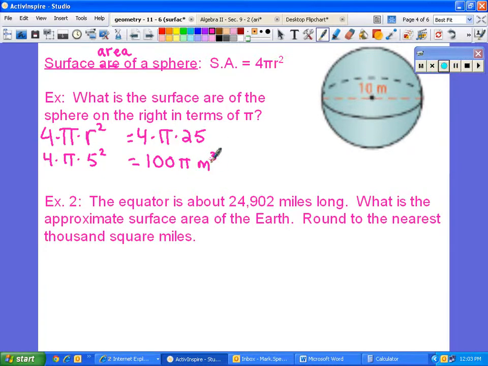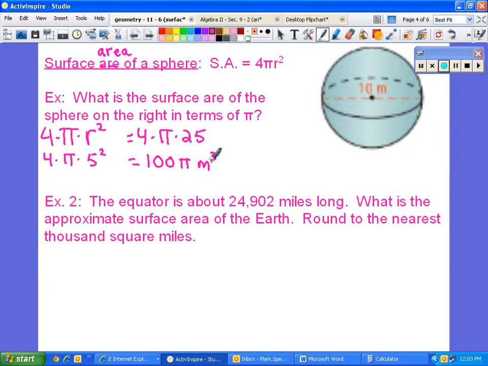So this one says leave it in terms of pi.